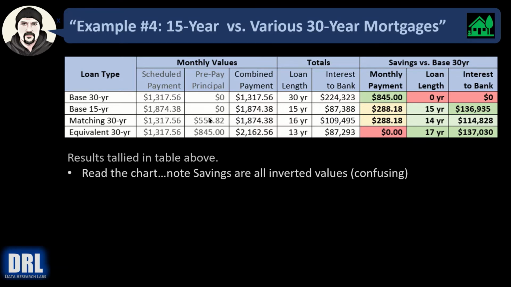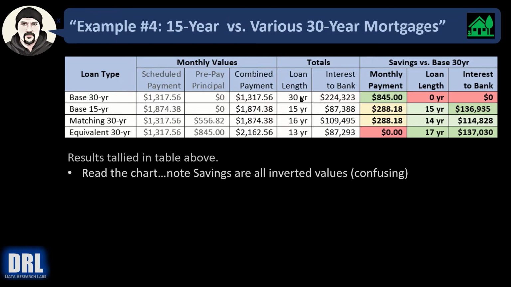Prepayment to principal, 0, 0, 556, 845. The combined payment, $1,317, nice and low. $1,874, the same for our 15-year or our matching 30-year. Or for the equivalent, we're actually having to pay a bit more for the 30-year each month to get it done and save the same amount of interest as the 15-year. So that's our 4 loans.